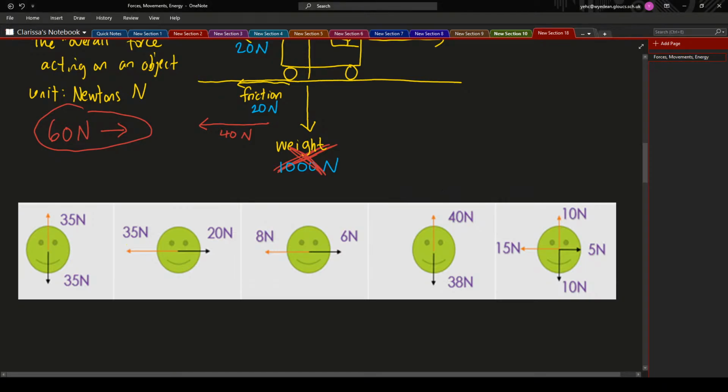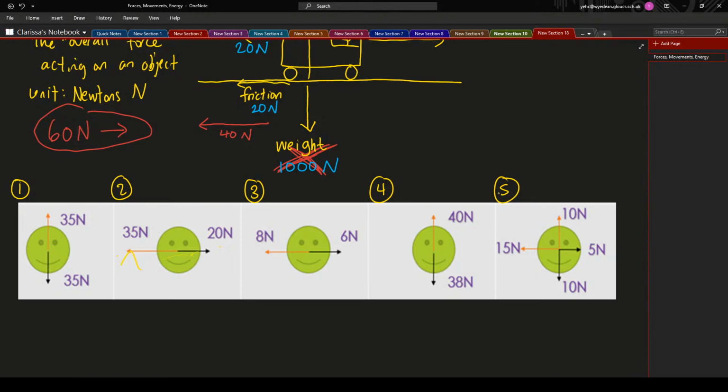So we'll label these question number 1, 2, 3, 4, 5. So find the resultant force of each of these scenarios. And remember, you want a number, the unit, newtons, and then I also want you to draw an arrow to show what direction that force is going to be acting in.